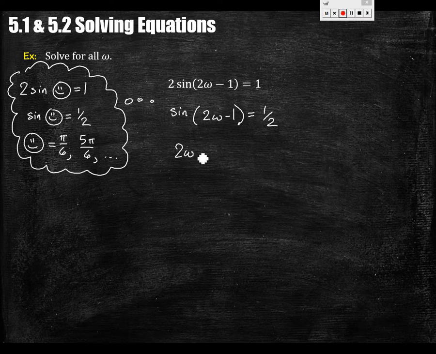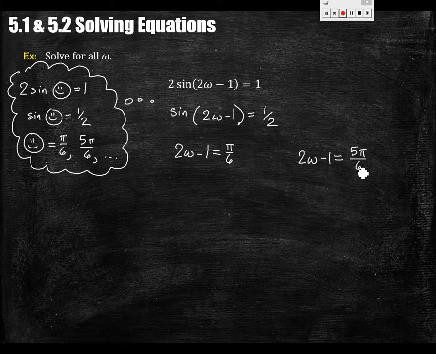What's 2 omega minus 1 equal? That is apparently pi over 6, and apparently could also equal 5 pi over 6. If omega is a number that satisfies either of those equations, it looks like we have our equation solved.